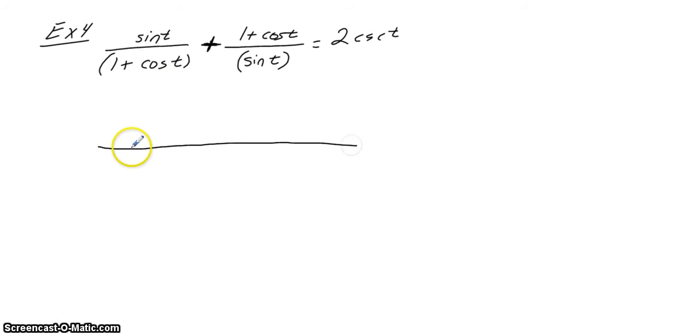In this case, since 1 plus cosine of t, I have a problem. The only common denominator is their product. So what do we need in this first denominator to get this? Yep, sine of t.